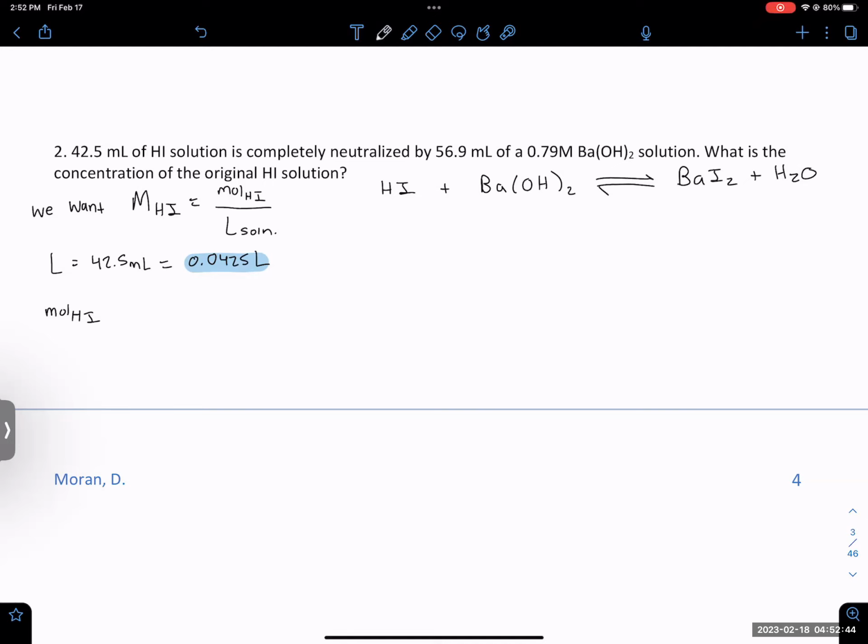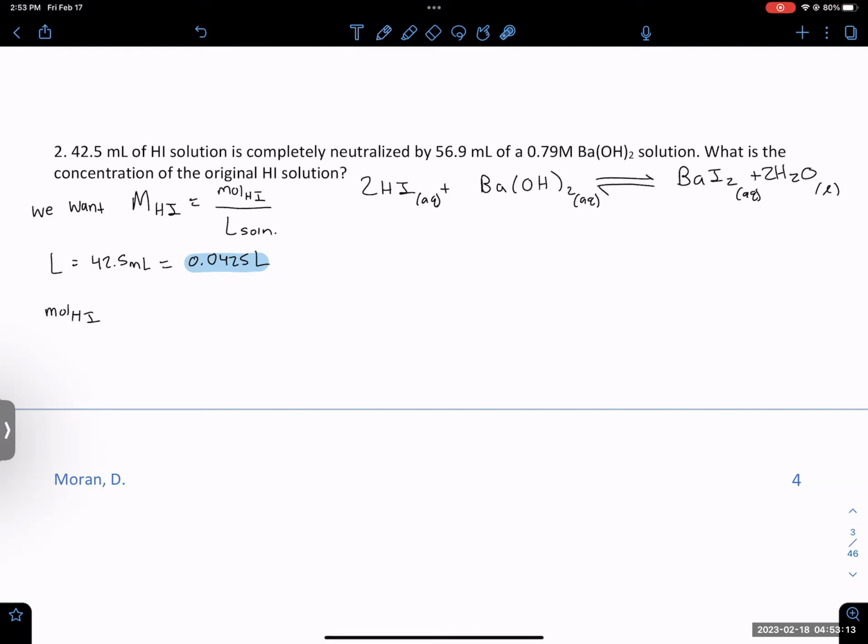For physical states, we can assume everything here except the water is soluble in water, so aqueous, aqueous, aqueous, and liquid. Now we need to balance this. So the 2 in front of HI and the 2 in front of water balances it out. All right.